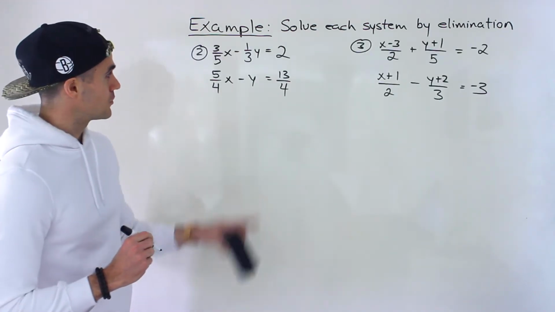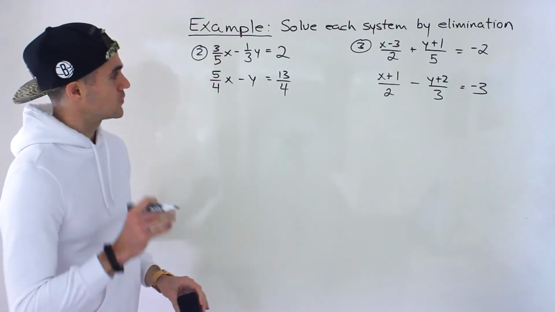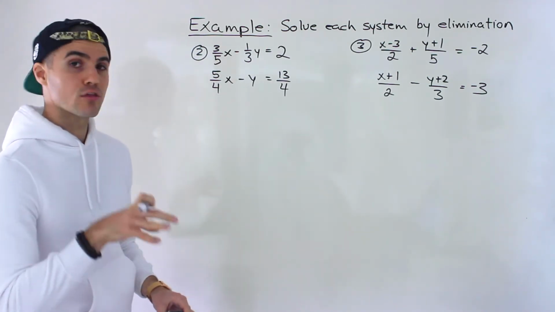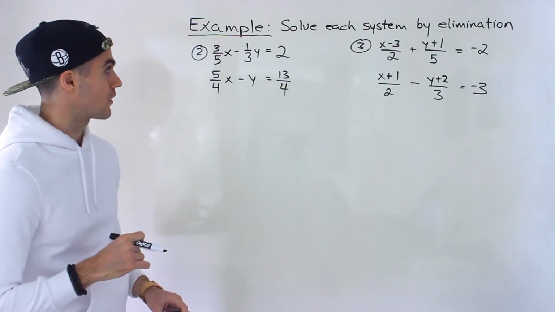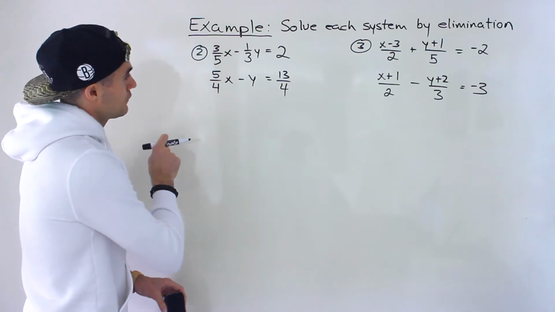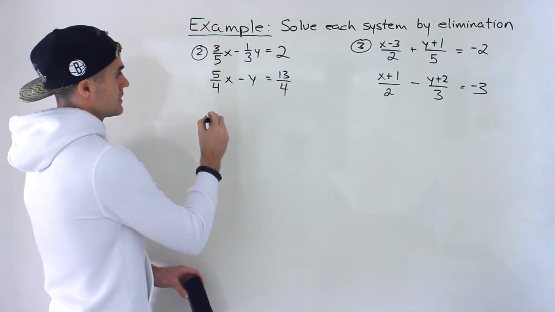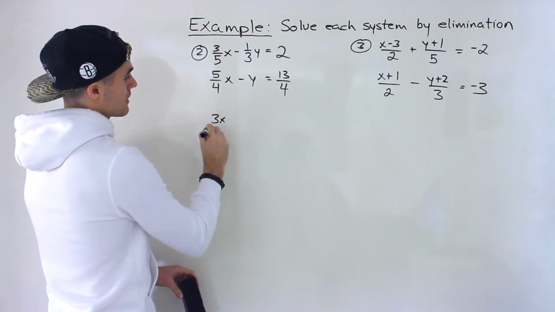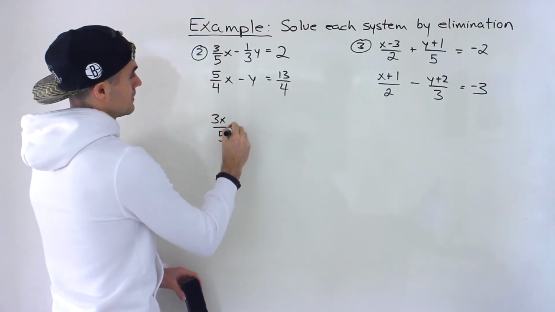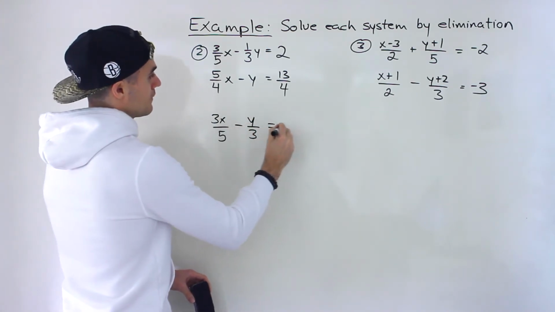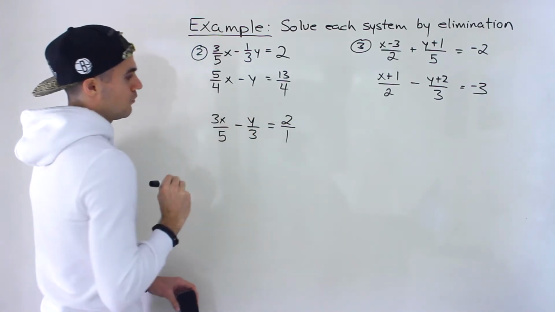Now moving on to number 2, so we got 3 over 5x minus 1 over 3y is equal to 2, and then 5 over 4x minus y is equal to 13 over 4. So as I did in number 1, what I'm first going to do is convert these to be a nicer format. So this 3 over 5x, I'm going to combine that to be 3x over 5, minus 1 over 3y, that's going to be y over 3, and then the 2, I'm going to put over 1.